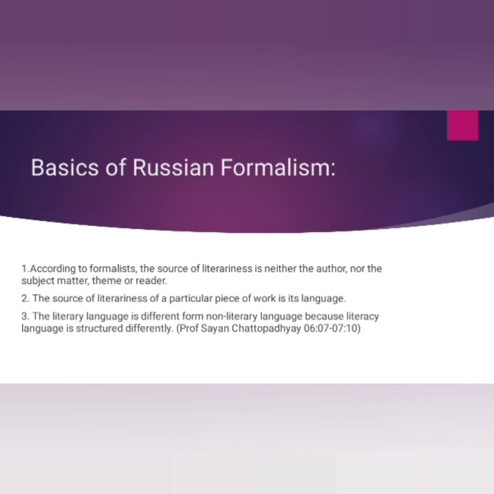Is it possible that the author also writes a literary piece and also writes a laundry list? Both cannot be literary. So the author is not the source of literariness, and the subject matter cannot be either.